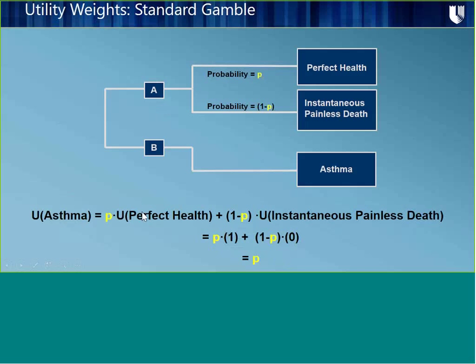If we assume that the utility of perfect health has a value of 1, and the value of instantaneous painless death is 0, then that weighted sum is just P. That is, the health state utility for asthma is the P that people give you when they answer the standard gamble question.